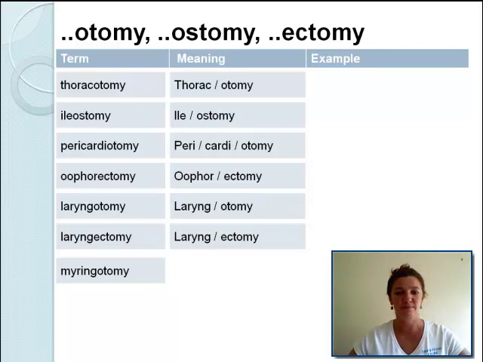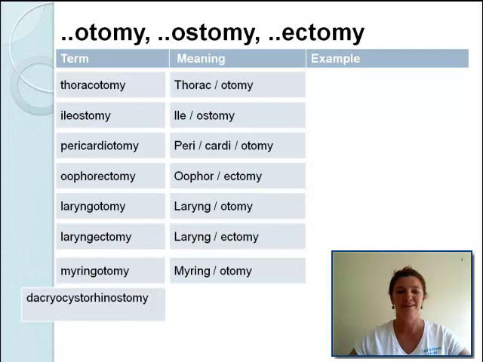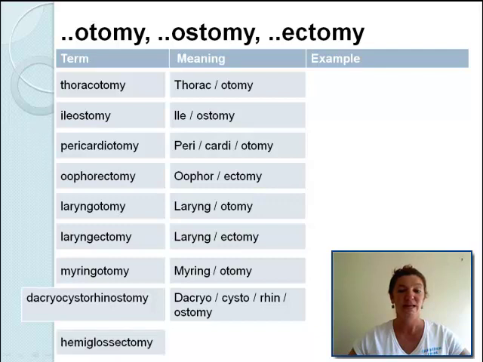Myringotomy. The big one, dacryocystorhinostomy. I couldn't fit that one on. Hemiglossectomy.